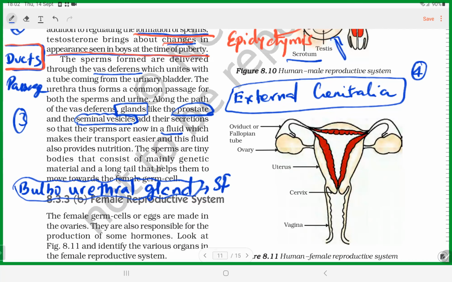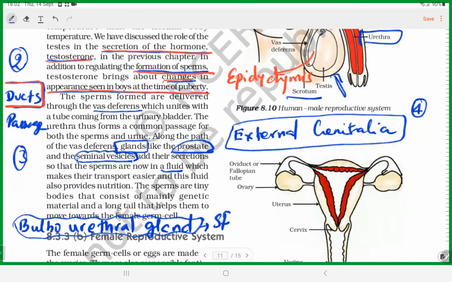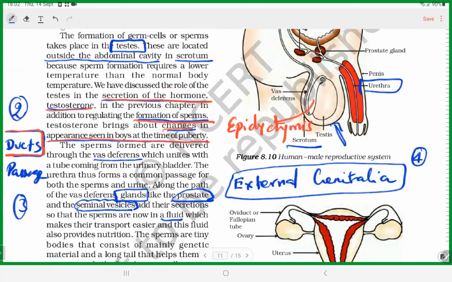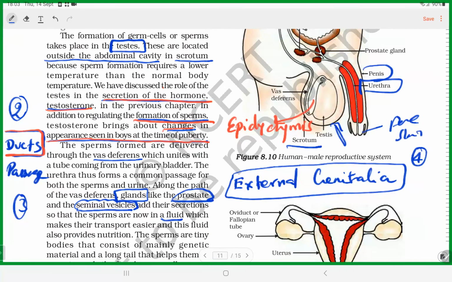The last one is the external genitalia. You can see the penis, with the urethra inside it and the foreskin. The tip of the penis is called the glans penis, a smooth tissue having erectile property.